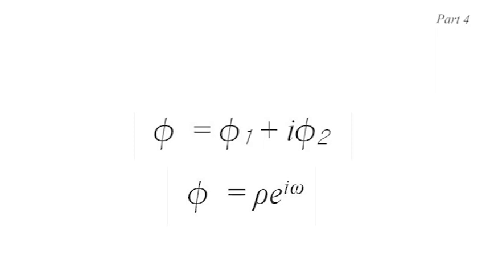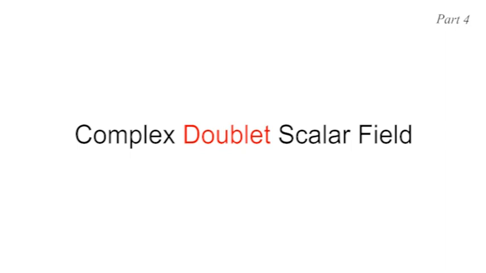It has to be described by what is called a complex doublet field. We'll move on to this in part 5, the 5th video, and it will be then that we'll be able to nail the idea of the Higgs field giving mass to the W and Z bosons. It will be all to do with the idea of not just one extra Goldstone boson being produced from spontaneous symmetry breaking, but 3. But that's for next time.